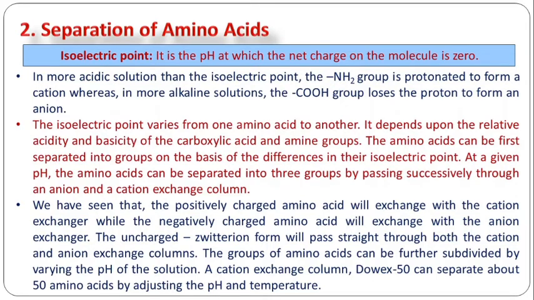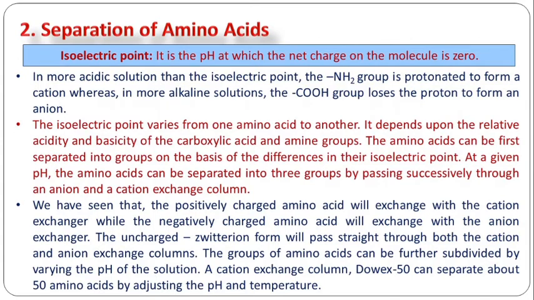Friends, by using this ion exchange chromatography, we can separate these amino acids into 3 groups. One with positively charged amino acids, second with zwitterion, that is net charge 0, and third one is anions, the amino acids which are present in the anionic form at a particular pH.